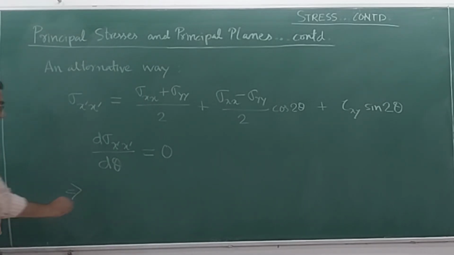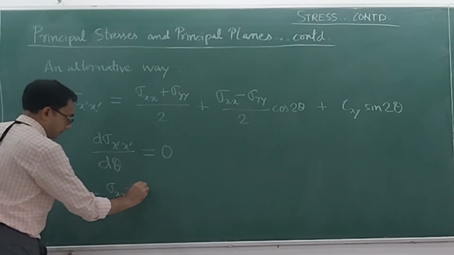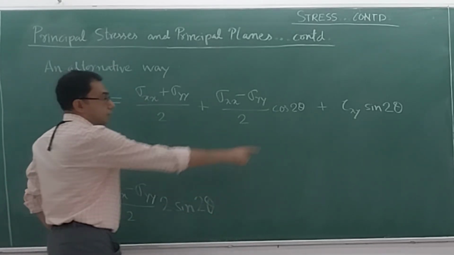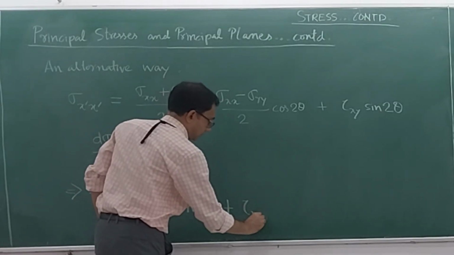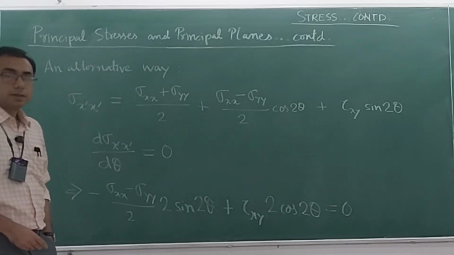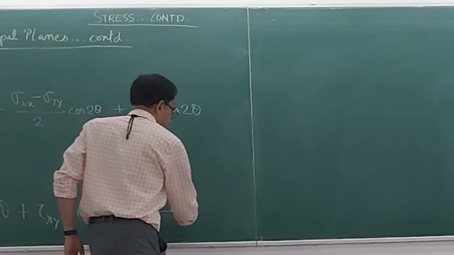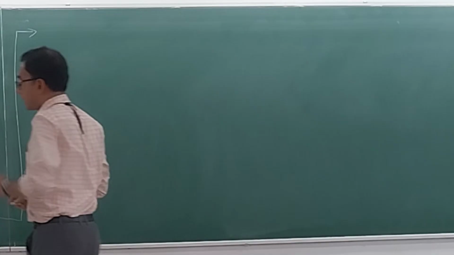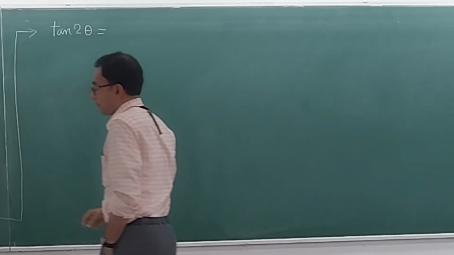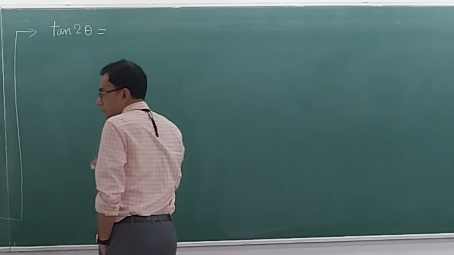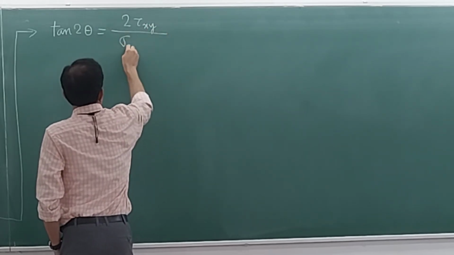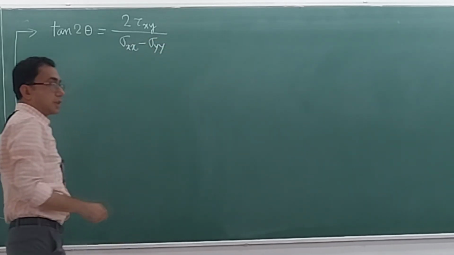Minus 2 sin 2 theta, and from that, if we proceed, we'll obtain for tan 2 theta this expression.